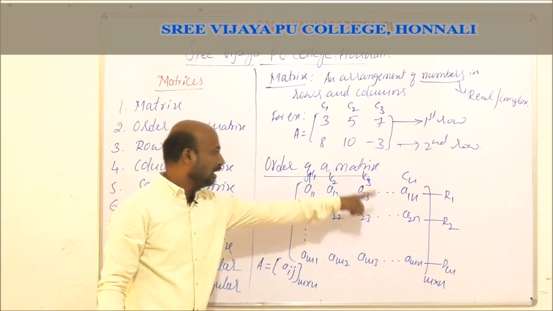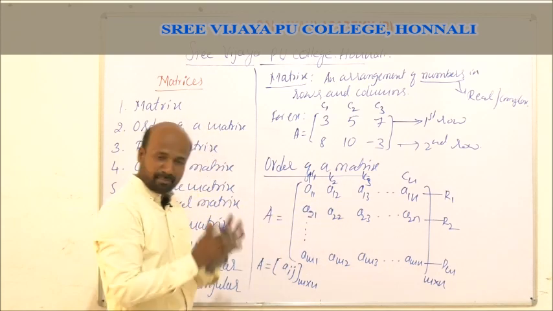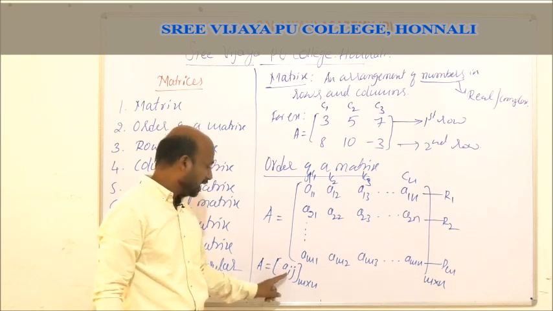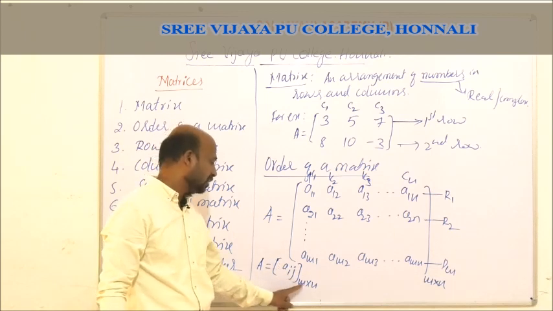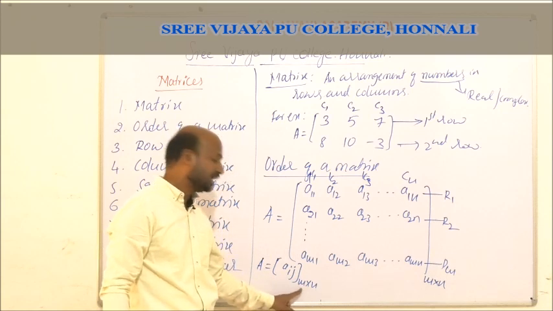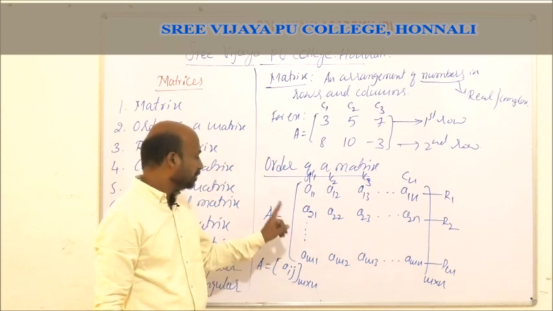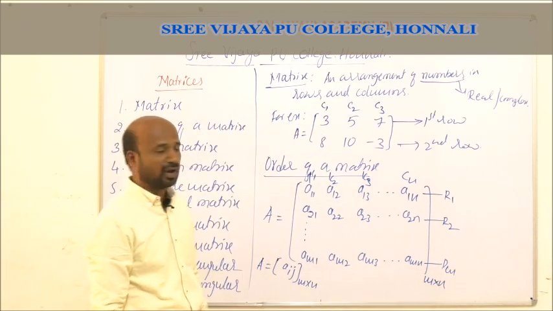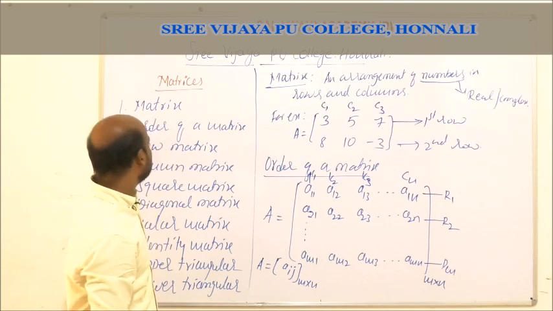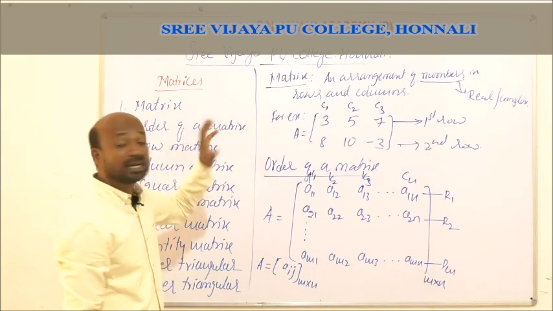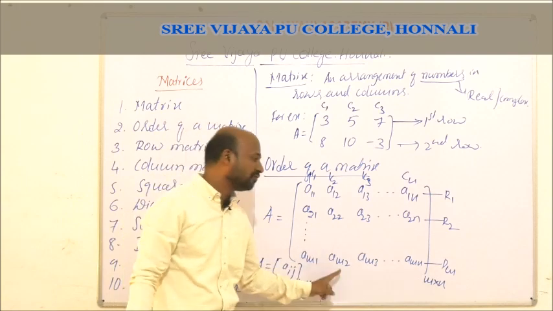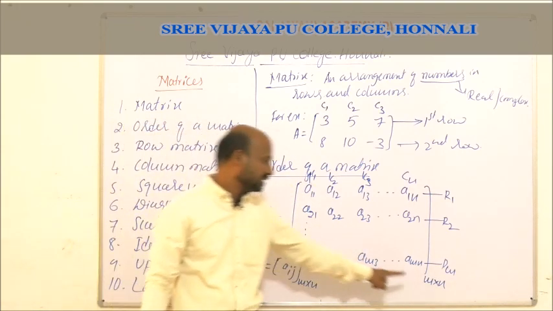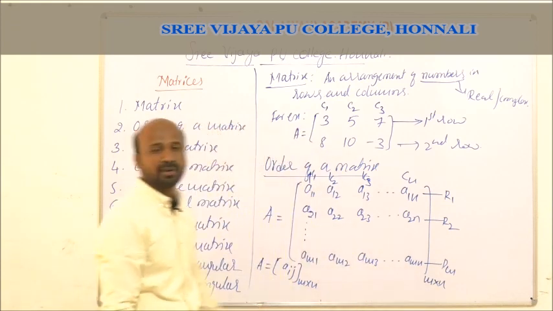So A is equal to Aij of order m by n. Finally, the order of a matrix represents the number of rows and the number of columns the matrix has.